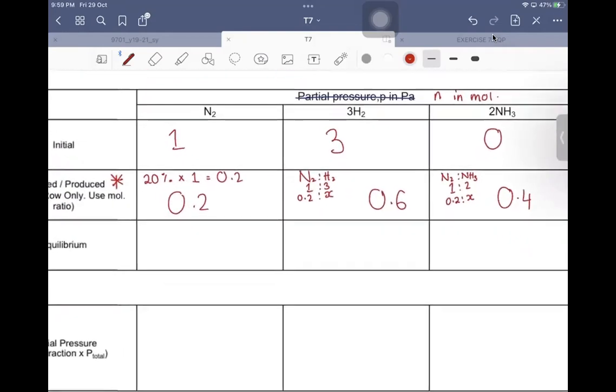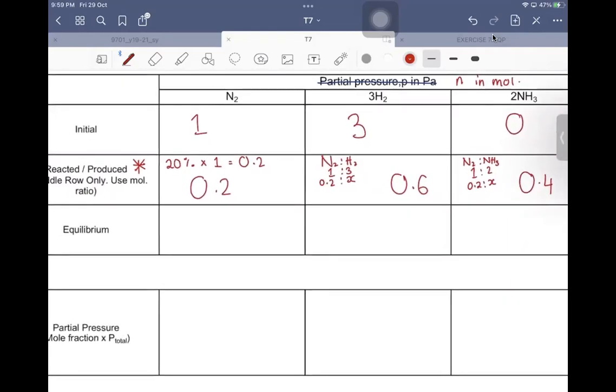Next, at equilibrium, I don't know if you still remember this from the first part of our calculation from Kc. If you want to find the number of moles or concentration at equilibrium, you take initial minus reacted. So that's 1 minus 0.2. I've got 0.8 moles of nitrogen at equilibrium.